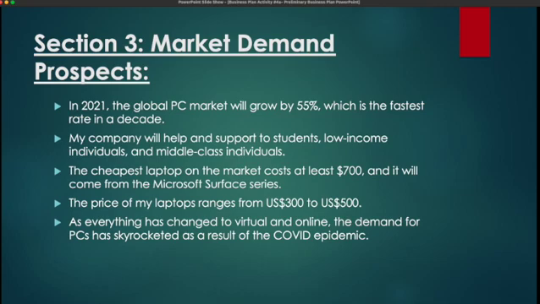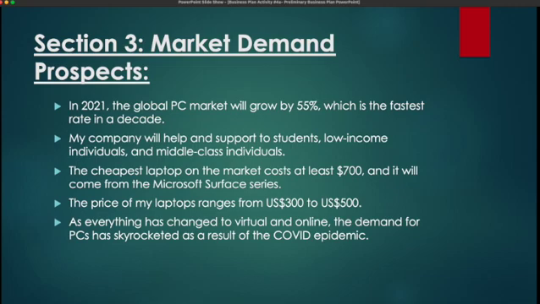My company will help and support students, low income individuals, and the middle class. Right now, doing regular tasks on your computer costs at least 700 bucks, which would be one of the series of Surface by Microsoft. And again, I'll show a solution for this case.